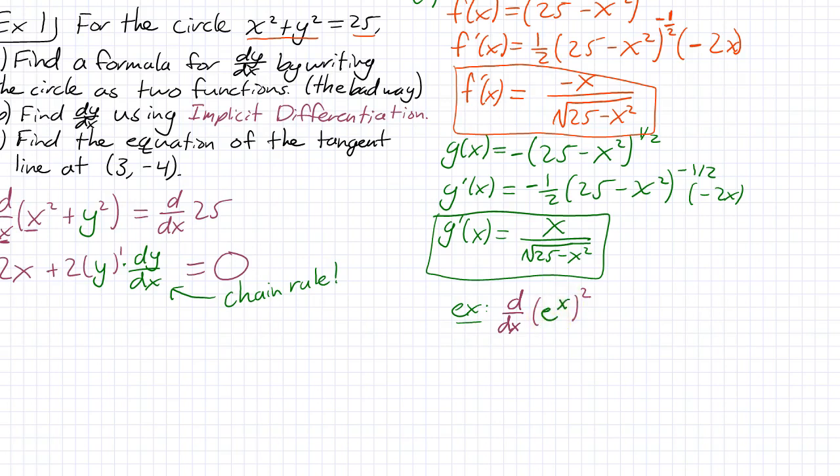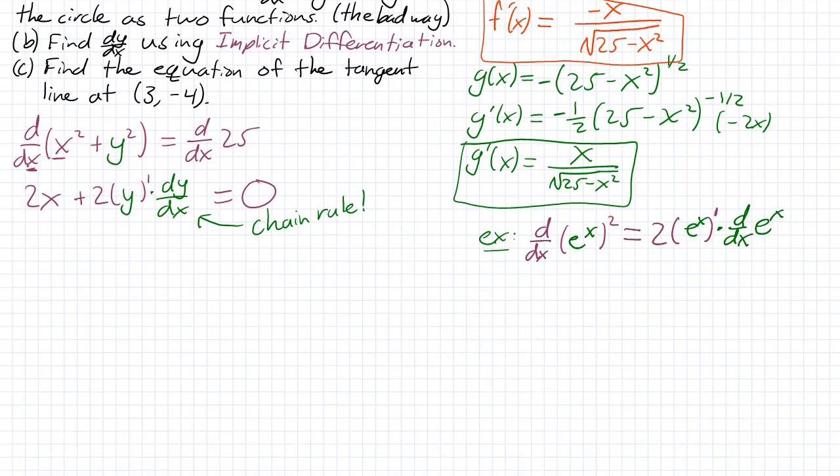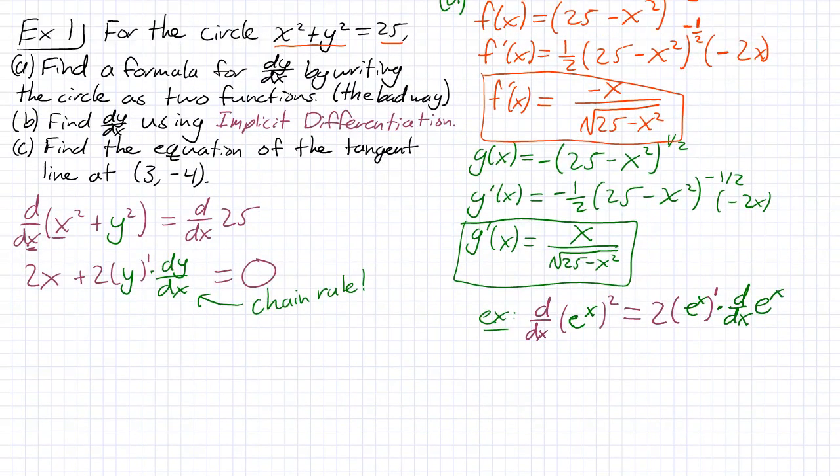Then with something like this, you'd say, okay, there's an outer function here, so we're going to do the derivative of that outer function, which is 2 times the original inner function to the power 1, and that original inner function would still be e to the power x, and then on the outside we would multiply it by the derivative of that with respect to x. And this is just the same thing we did here, it's just that we don't have an explicit formula for it, so we can't really just find this derivative using this. But it's the same idea here, even though it looks weird, it really is just the chain rule.